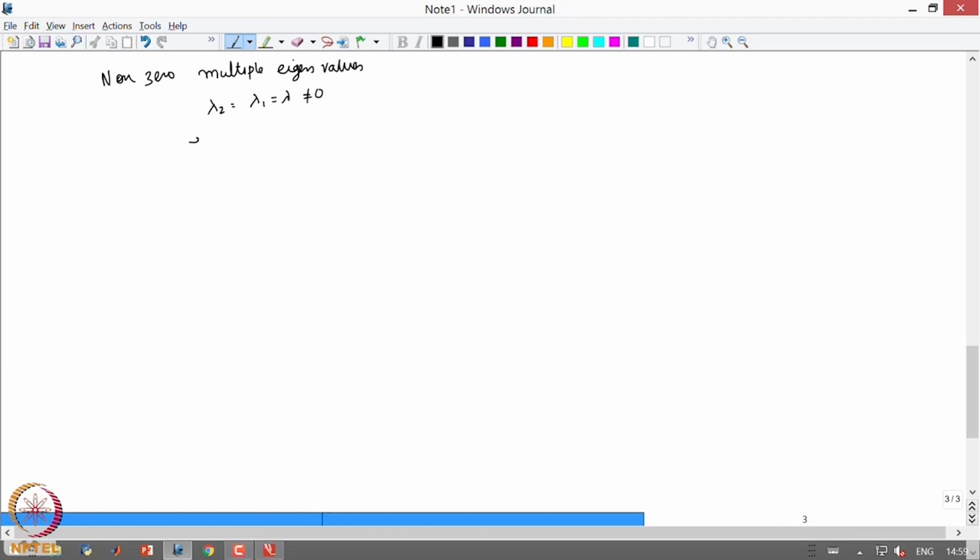With the appropriate transformation, I can write the system as z1 dot is lambda z1 plus k z2, z2 dot is lambda z2. A couple of cases can occur: when k is 0 and when k equals 1.